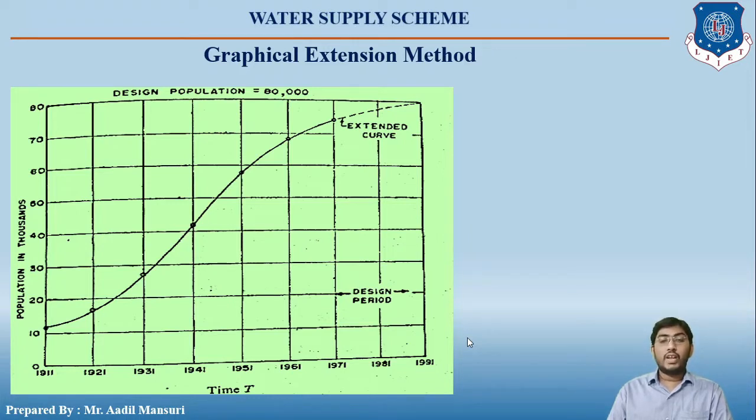You have the data of the dark line, and the data of the future, that is in 81 and 91, will be obtained by carefully extending the curve. From the extended part of the curve, the population at the end of any future decade is approximately determined. Clear students?